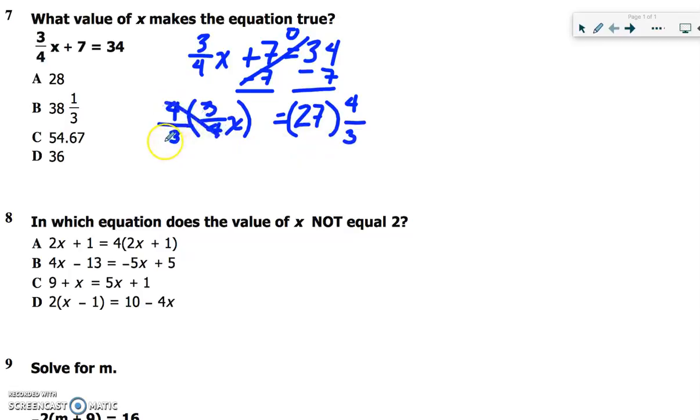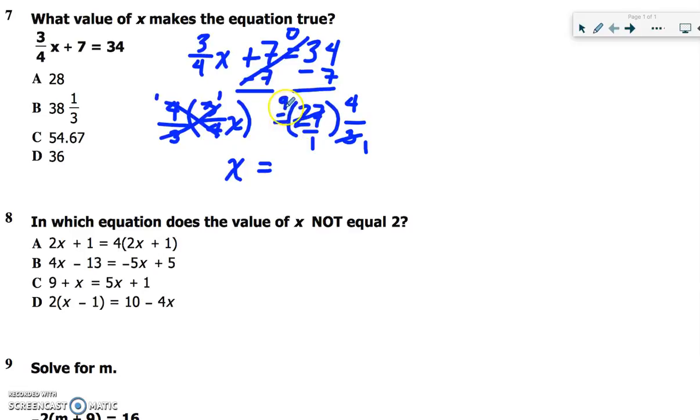Okay, on the left, the 4s cancel out, equal 1. The 3s cancel out, 3 divided by 3 is 1. Left with x, or 1x, is equal to 27 over 1. Let me make that a fraction so you can see what I'm doing. I'm cross-canceling here. 3 and 27 are both divisible by 3. 3 divided by 3 is 1. 27 divided by 3 leaves me 9.